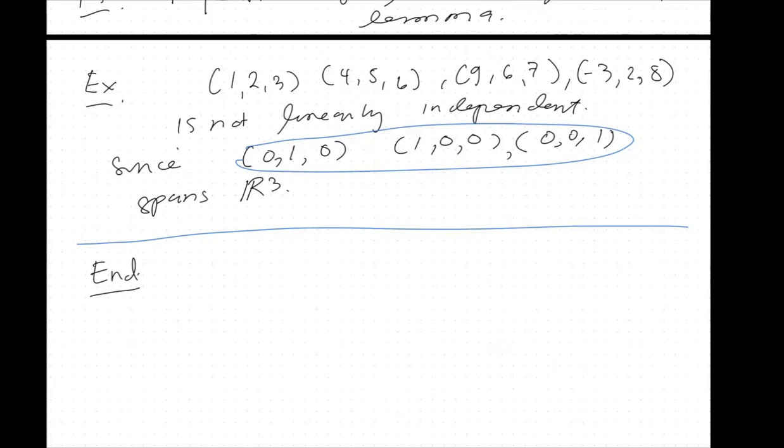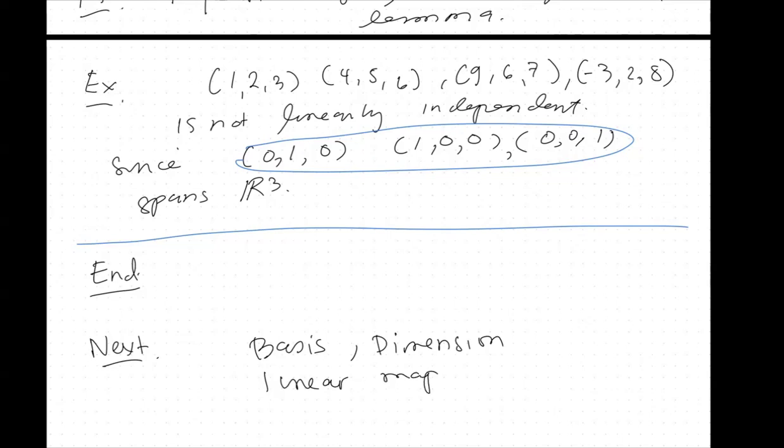The next topic will be the notion of basis and dimension. As early info, a basis is just a minimal spanning list, and dimension is the cardinality or length of the basis. And then we go to linear maps.